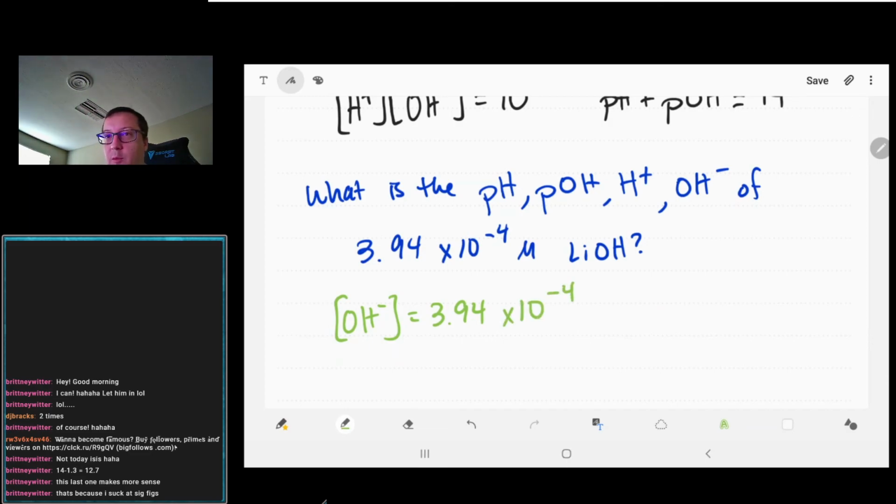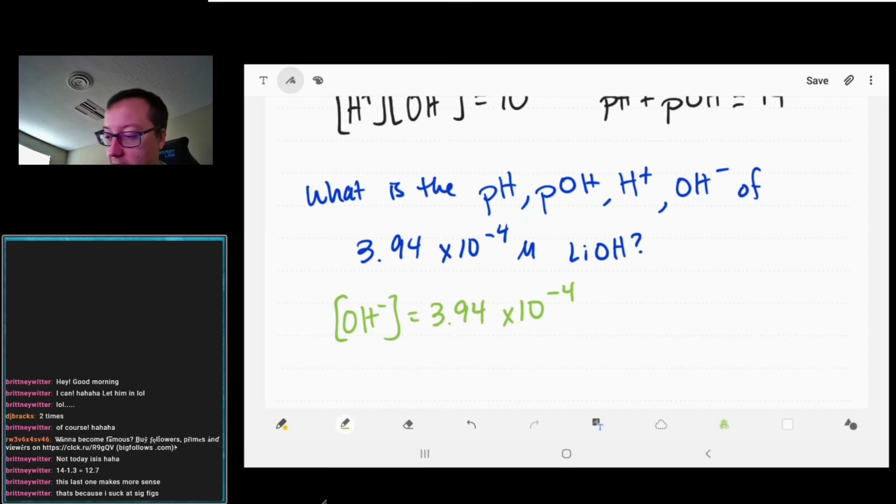So from here we can go to two other things. We could either go to H plus or we could go to pOH. And it really doesn't matter. You can do both of them. That's kind of the luxury we have here. With all these formulas, we can go either way.